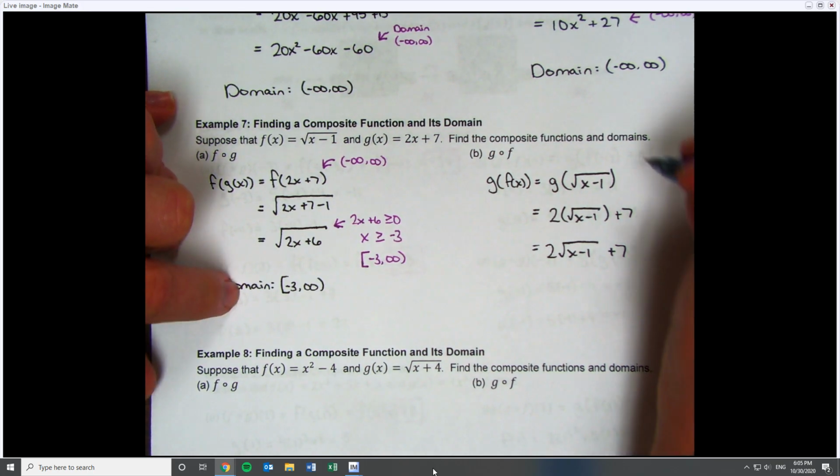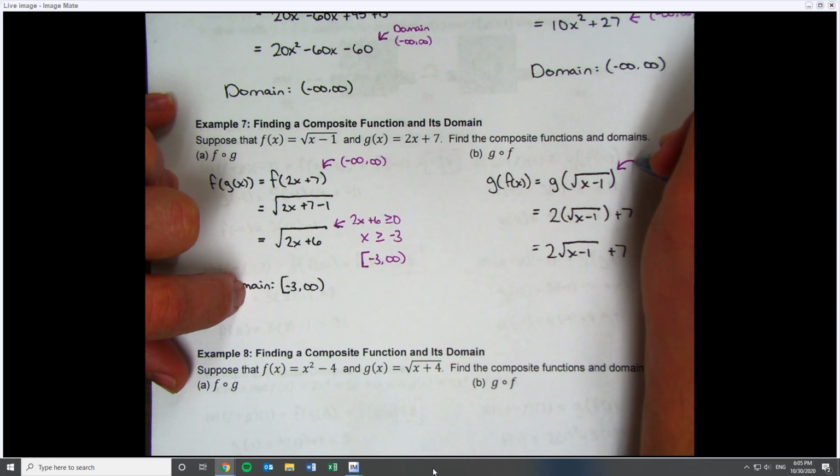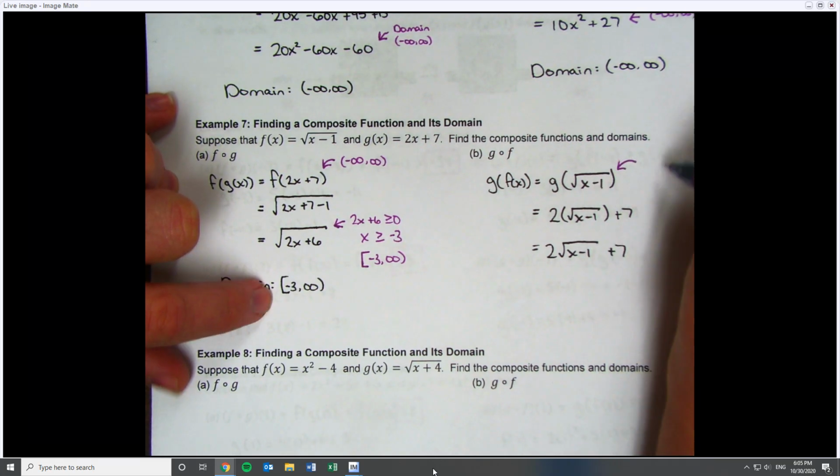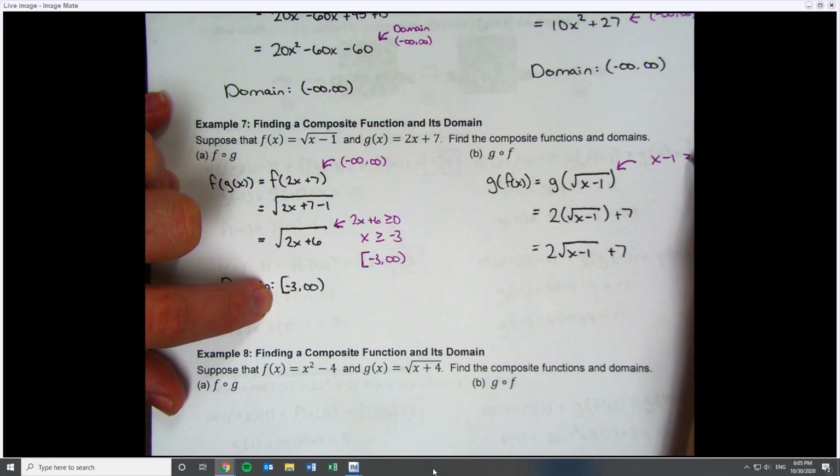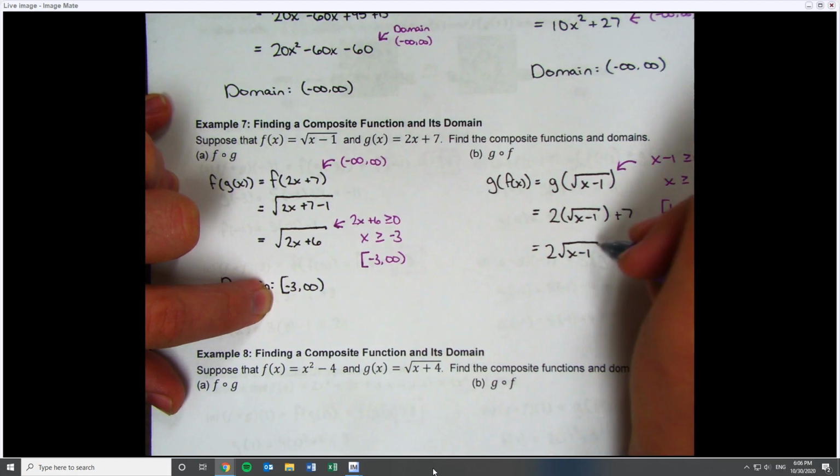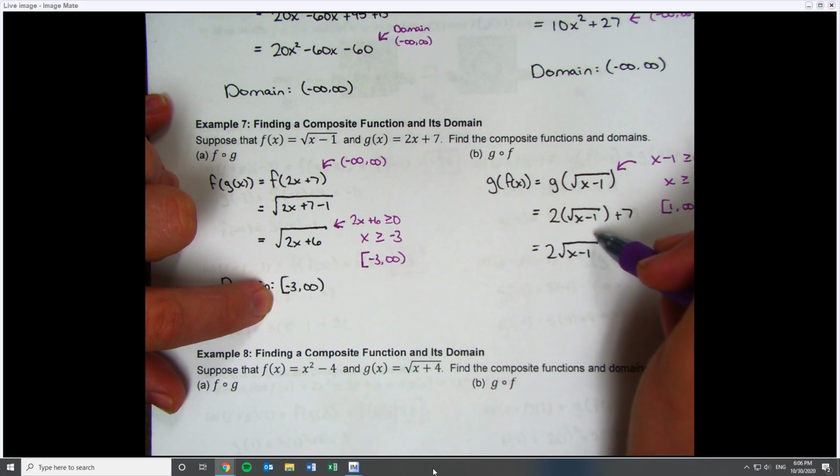Now comparing them, looking at the original, I have x minus 1 greater than or equal to 0. That tells me x is greater than or equal to 1, which in interval notation is bracket 1, comma, infinity. Looking down here, the only thing I have to worry about is the square root.